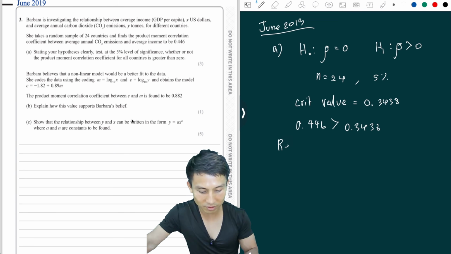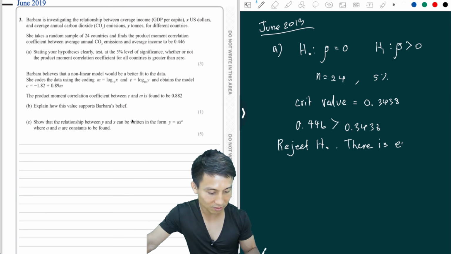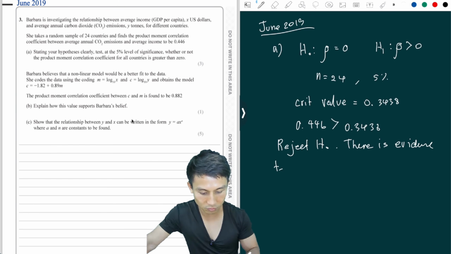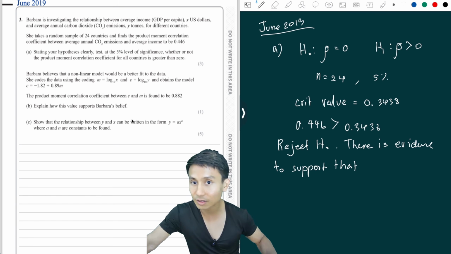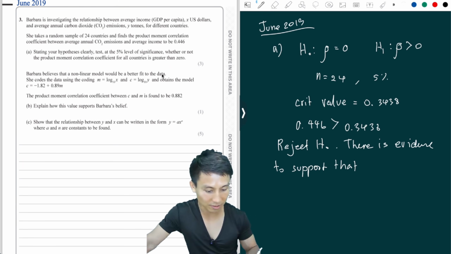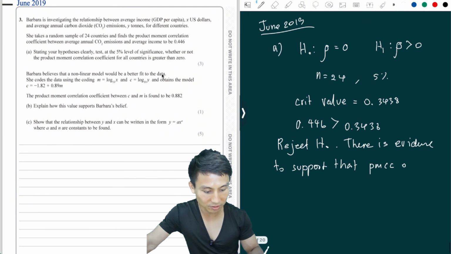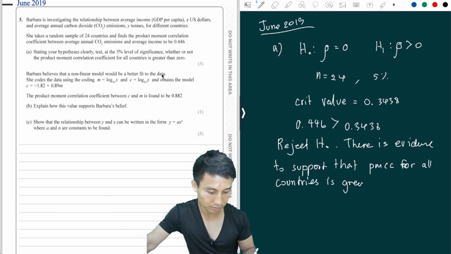So we reject the null because it's significant, and say that there is evidence to support that the PMCC for all countries is greater than 0.